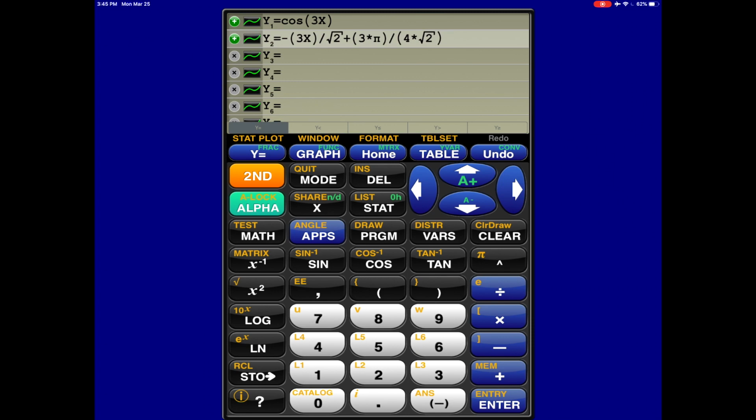And then the last one was minus 1 divided by second square root of 2.